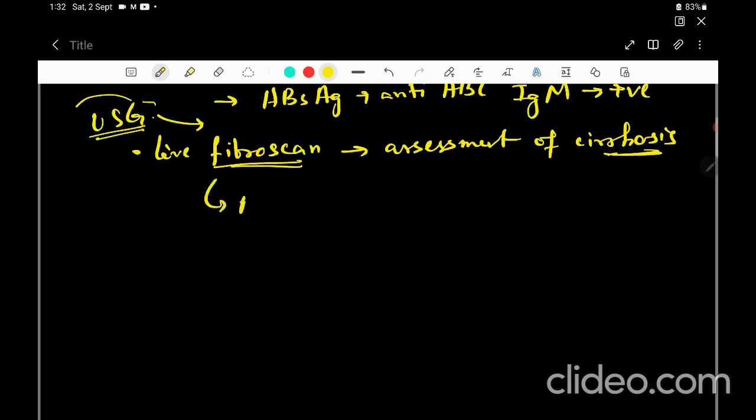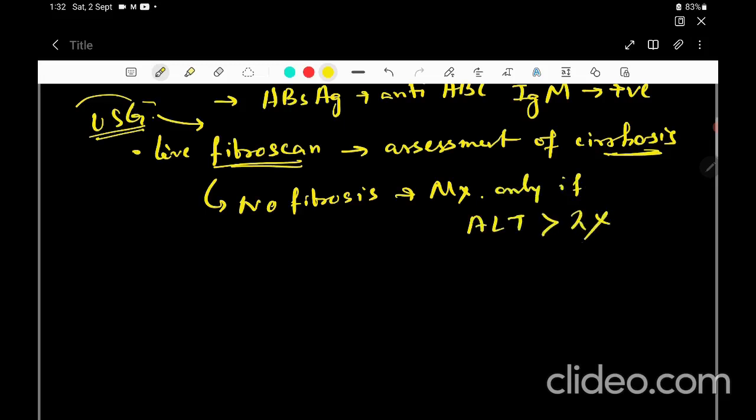Now, if there is no fibrosis, you start treatment only if ALT is 2x of normal, and if fibrosis is found, definitely you go for management.